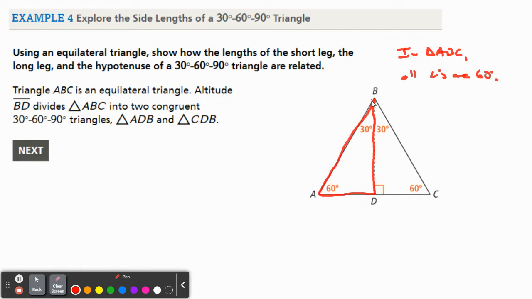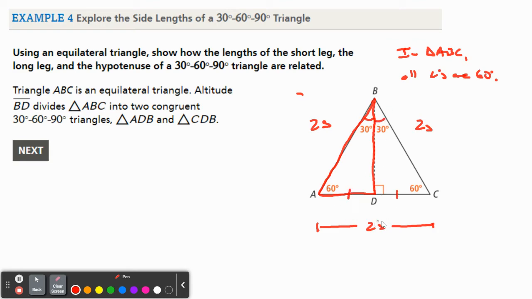All right, so I'm going to be clever here, okay? All the angles are 60. All the side lengths are also the same. So I'm going to label all the sides 2s. So this is 2s, this is 2s, and then this is 2s, right? The one thing I know, and again, I want to write this down, is that this altitude BD bisects this top angle, but it also bisects this bottom side.